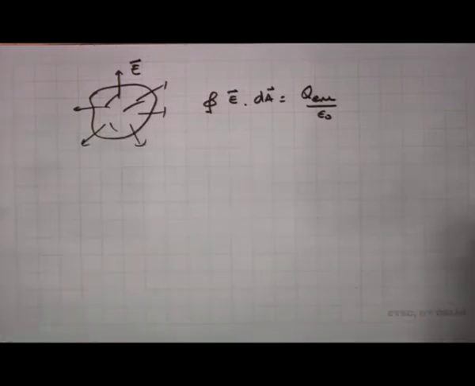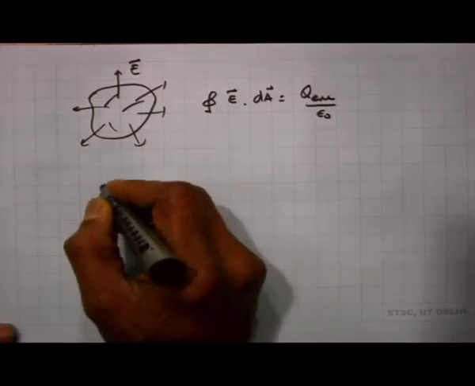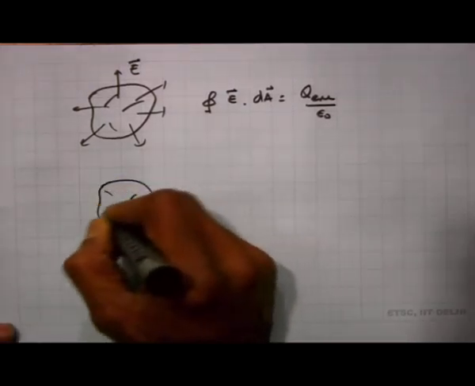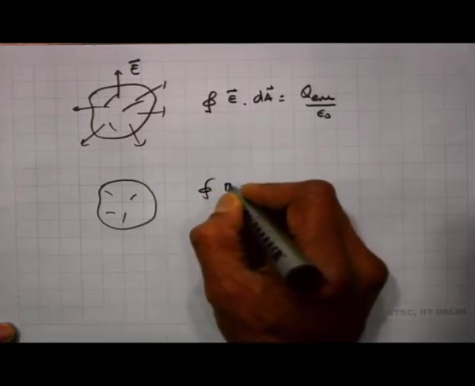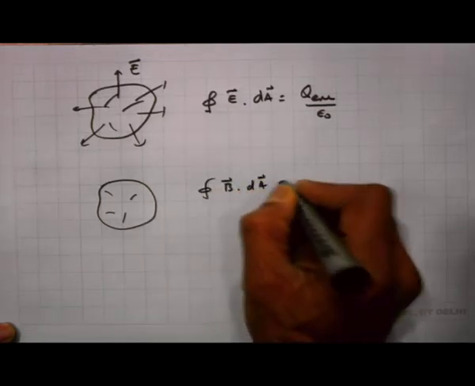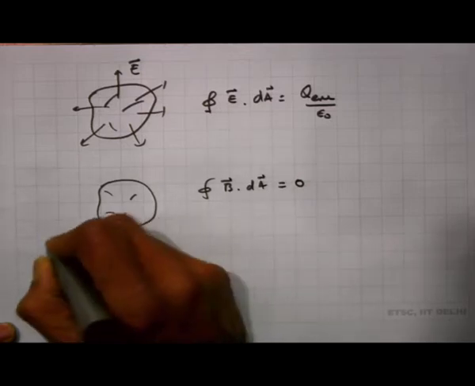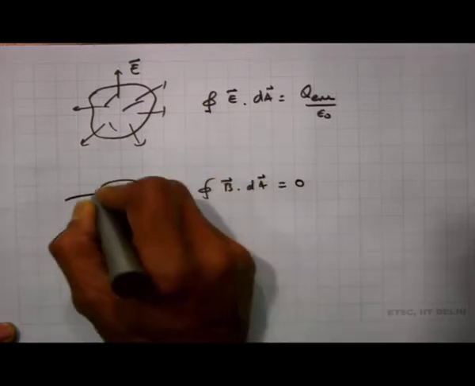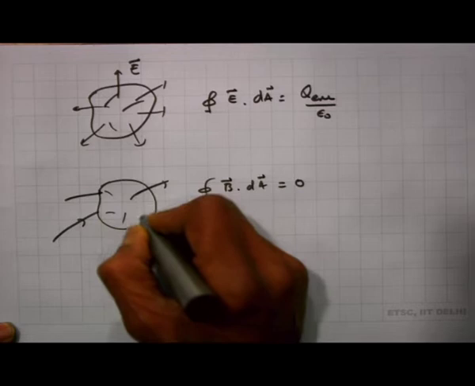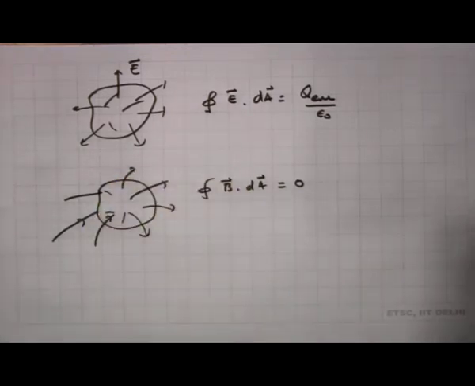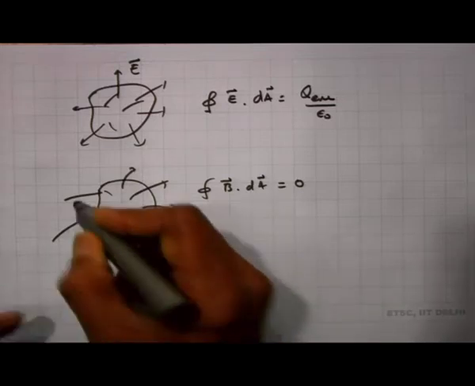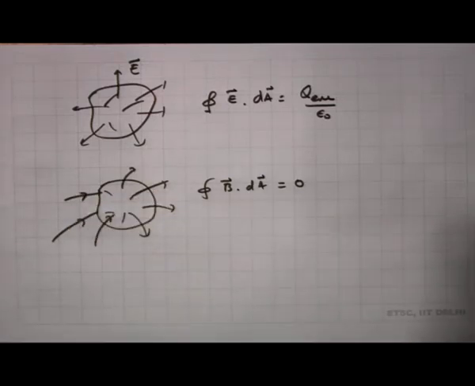The second equation is for the magnetic field. If I take another surface here, then integral B dot dA must be equal to 0. There is no net flux coming out, because magnetic field lines are closed lines. As many field lines enter the volume as are coming out.